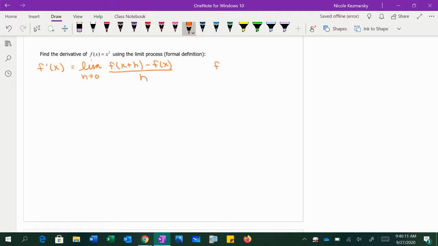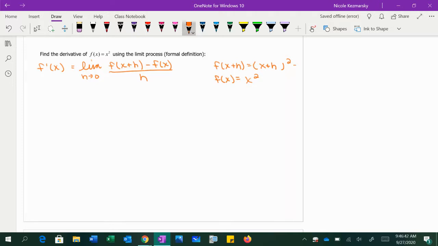Then I need to identify f of x plus h and f of x. F of x is always the easiest because that's just the function that was defined for you, so just x squared. F of x plus h means take your function and replace the x. So I'm going to take the x out. It was x squared. I'm taking the x out and I'm leaving parentheses. And in those parentheses, I'm putting x plus h.